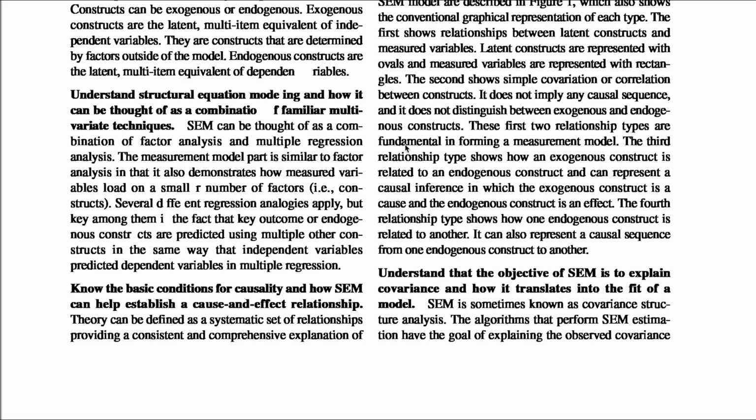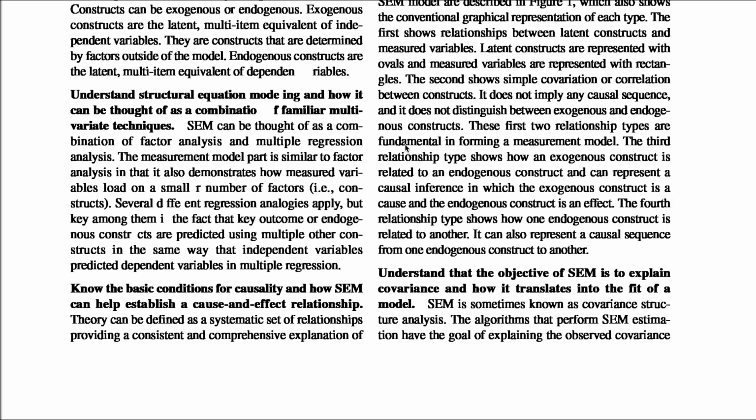Then the structural model is similar to regression, but a key difference is that the endogenous constructs are predicted using multiple other constructs, in the same way that independent variables predict a dependent variable in a multiple regression.